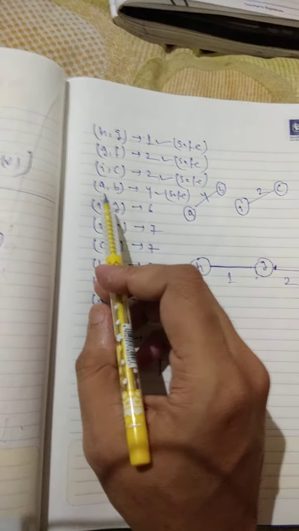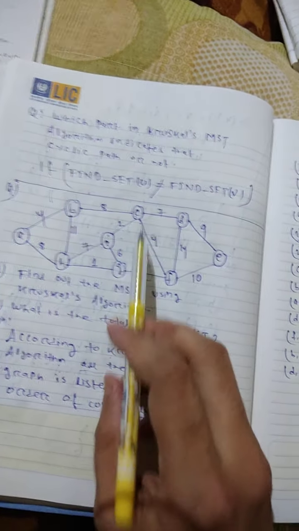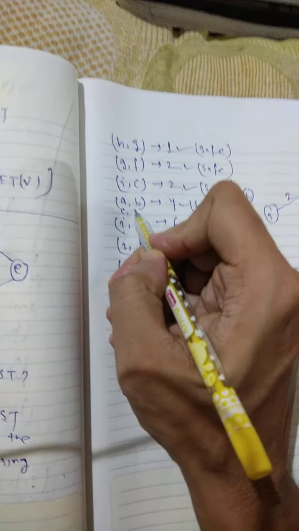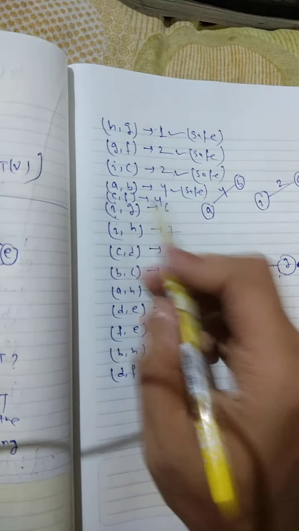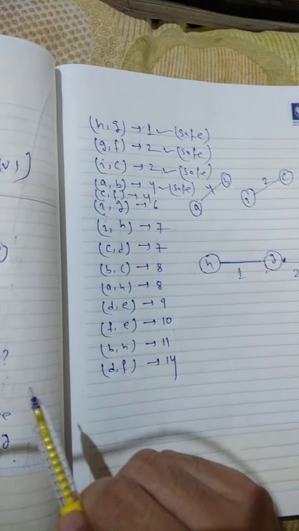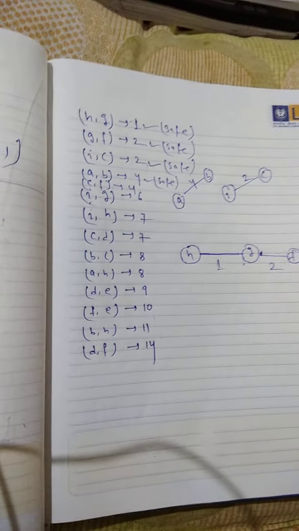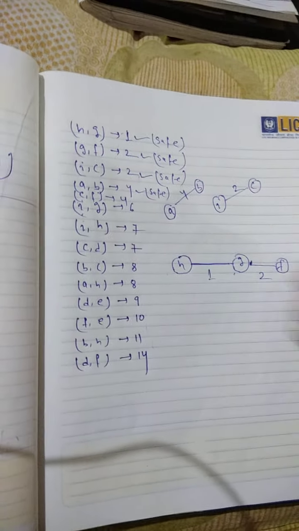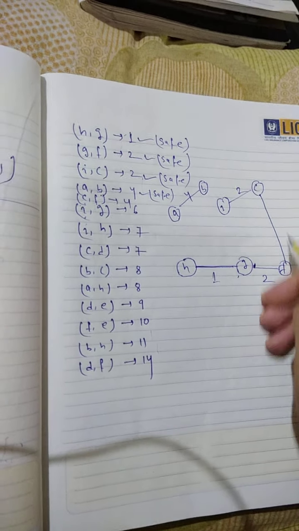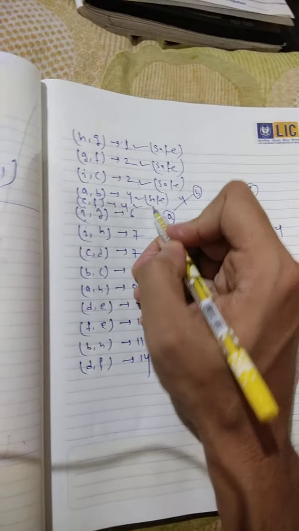Here I mistakenly omitted one edge: after AB there is also CF with cost 4. Because we go forward in increasing order, I take CF, the cost is 4, and this is also safe.